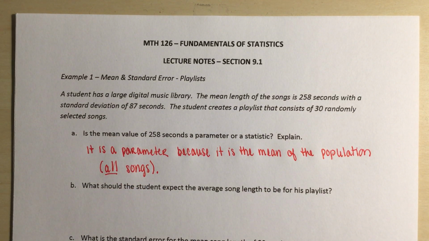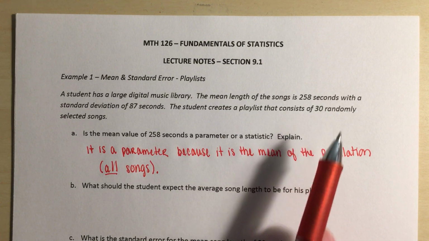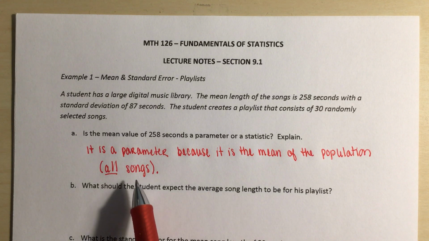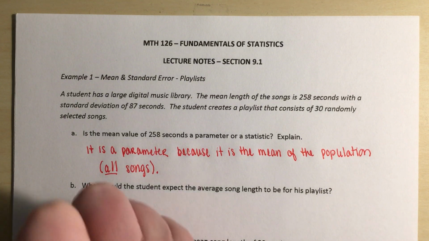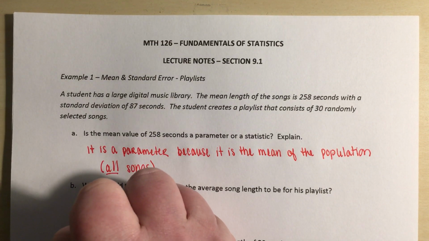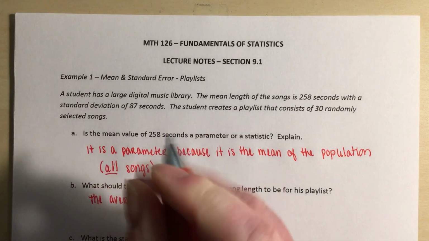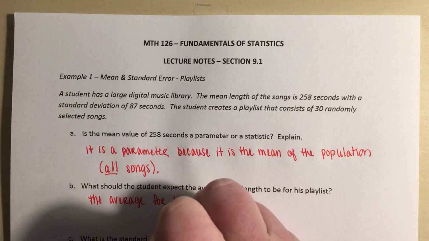What should the student expect the average song length to be for his playlist? So here our playlist is going to be 30 songs. We should expect that the average for our playlist is going to be close to what our parameter is for our entire library. Right, so we're going to say the average for the playlist should be 258 seconds.